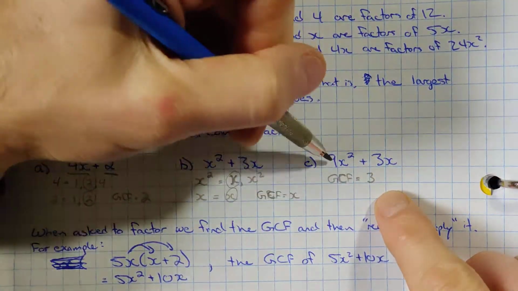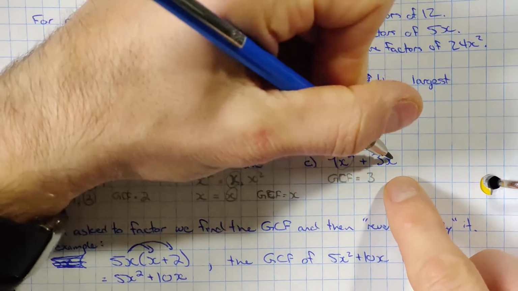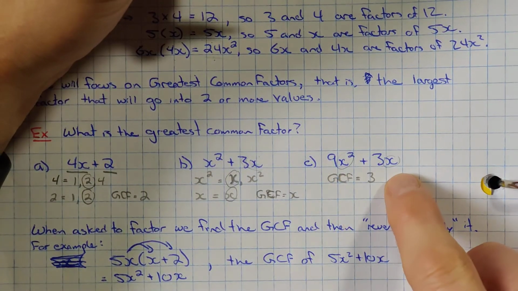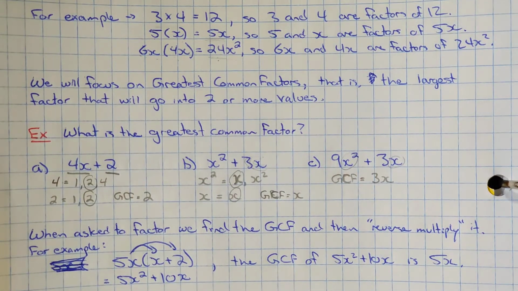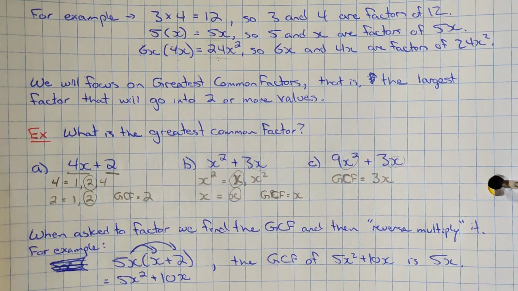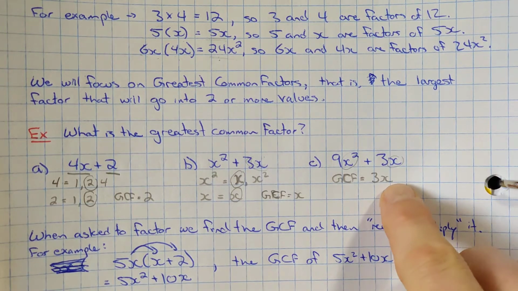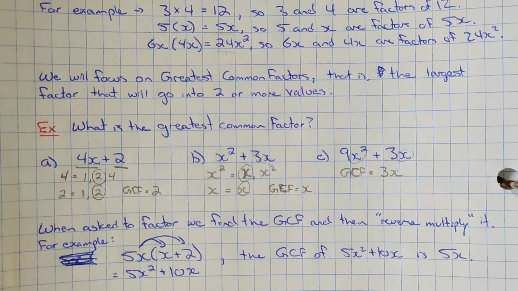So 3 is the greatest common factor between the numbers, and then between x squared and x, the lowest power of x is x. They both have an x. With the type of questions we're going to be working with, if there's a common factor of x with the variable part, it's just going to be a single x.